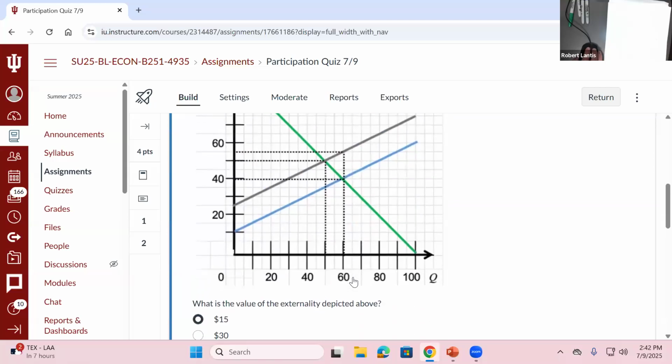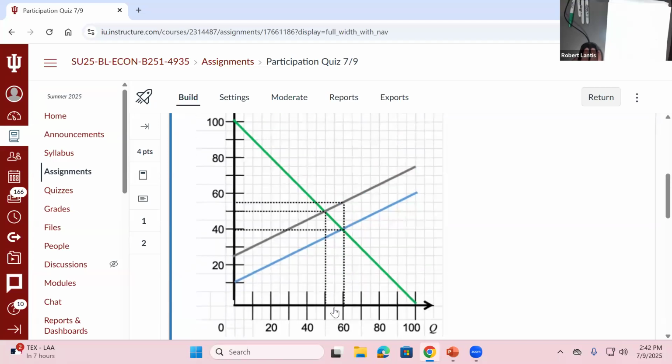If I'm thinking about an even easier question, what's the value of the externality depicted here? Well, we already said we know it's a negative externality because we have a higher social cost curve. To get the value of this externality, you just look for the difference between that supply curve and the marginal social cost. Here it goes from 40 to 55, so that's 15.